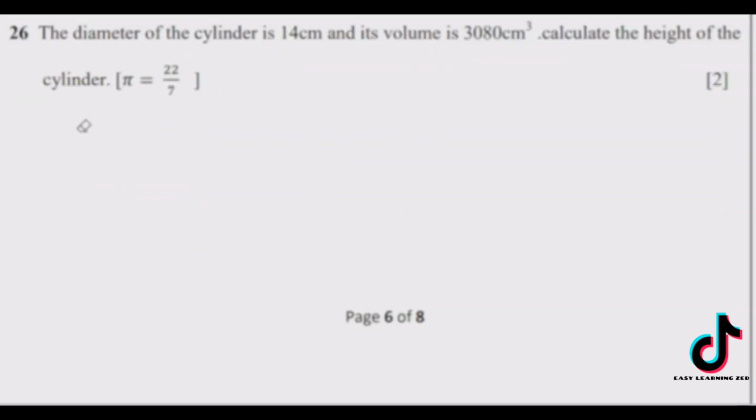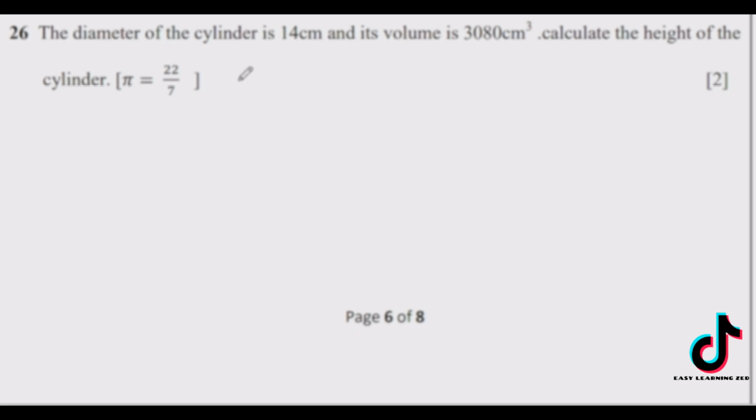Okay, so question 26: the diameter of the cylinder is 14 centimeters and its volume is 3080 cubic centimeters. Calculate the height of the cylinder. First of all we need to come up with the formula for the cylinder.